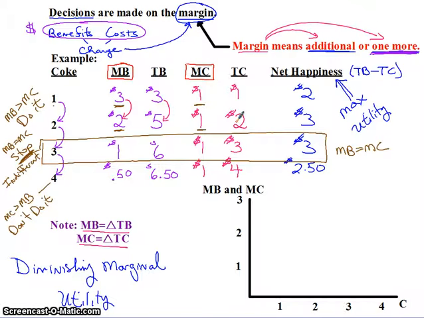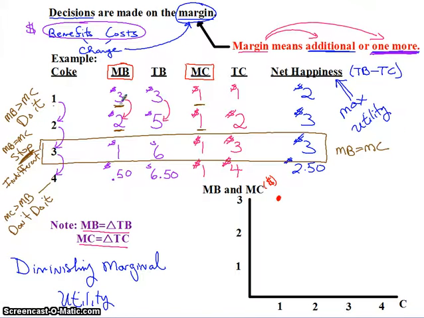So let's graph the margin. Let's graph the marginal benefits. Coke number 1. Here, Cokes are on the horizontal axis, and marginal benefit and marginal cost are on the vertical axis, measured in dollars. Coke number 1, marginal benefit was $3, so we put a dot there.